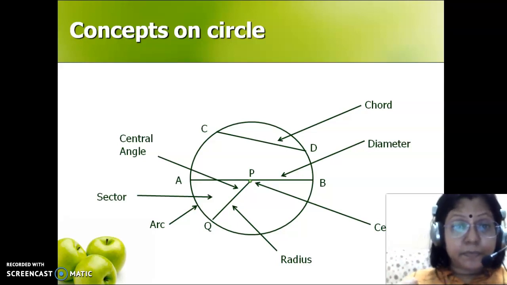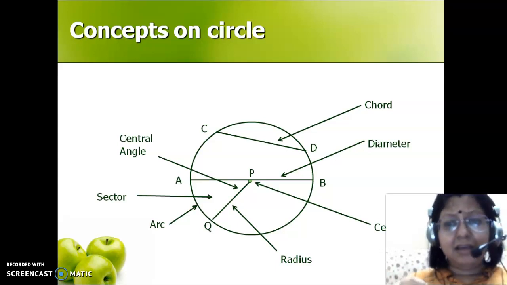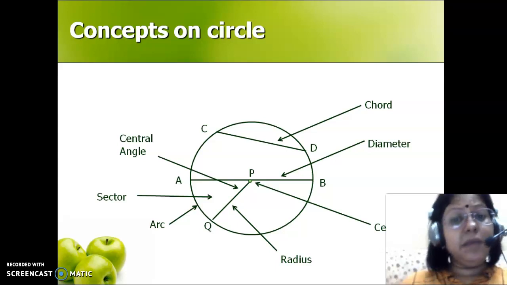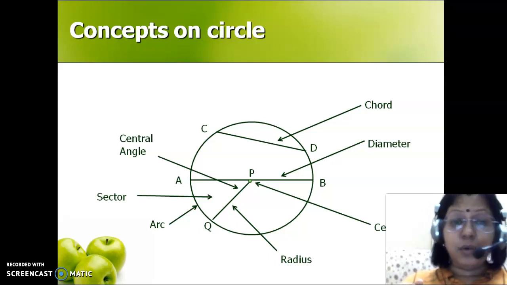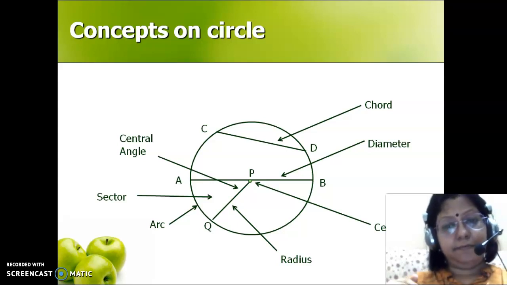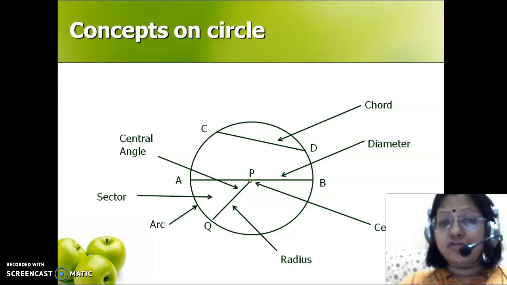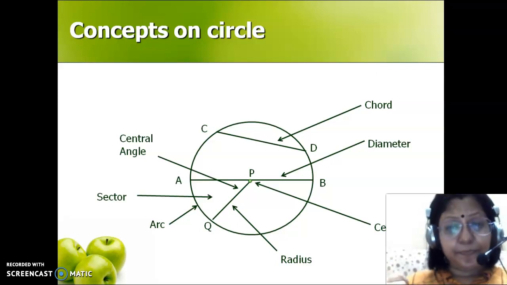Okay. Next, what are radii? My AP, QP and BP in the image are nothing but radii. Now what is arc? You can see AQ is nothing but arc. There are other arcs also in the image.